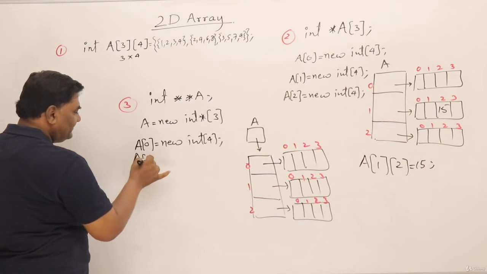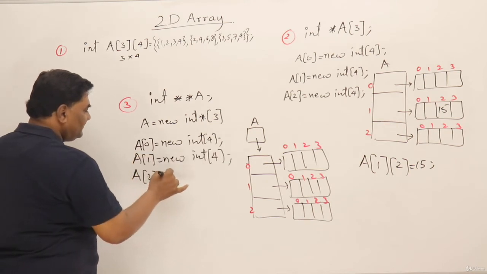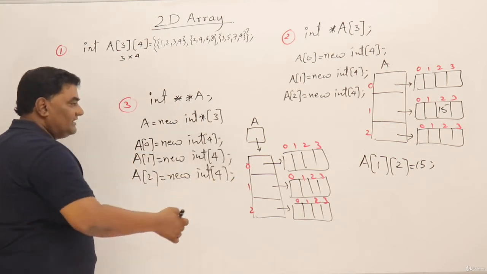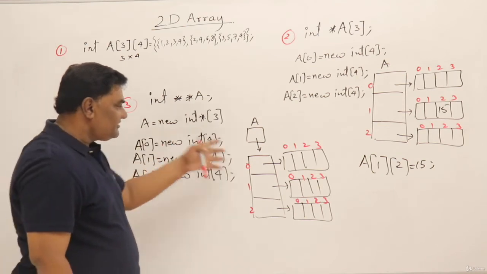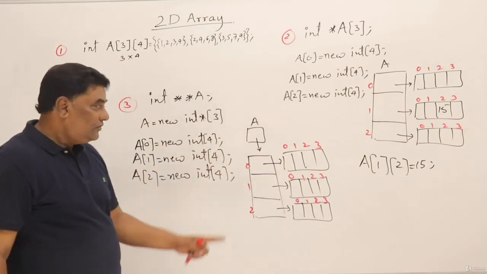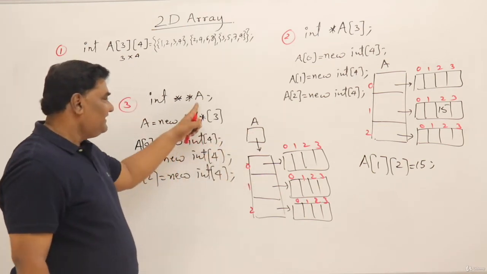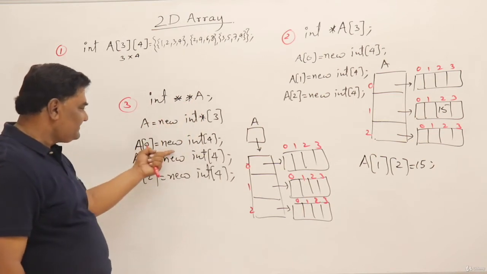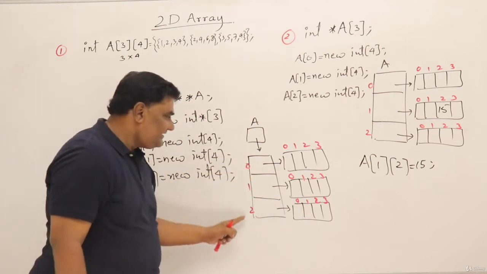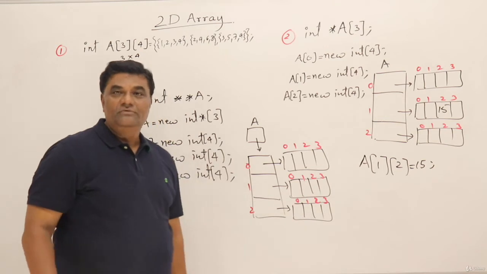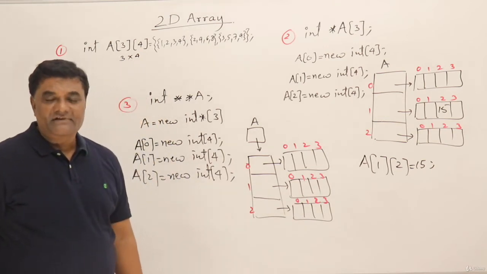Then a of 1, a of 2 assign new. So that's all. The entire structure is in heap now. Only this double pointer is inside stack because this is new, this is new, this is new. So this is created with new and all three are created with new. Everything is in heap. So that's all.